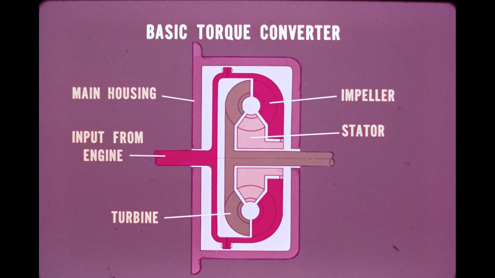However, notice that the impeller is attached to a separate housing which is driven by the engine. This drive housing actually forms an oil-tight container for the other two working components, the turbine and stator. This assembly is then placed in the main converter housing, which is bolted to the engine flywheel housing.